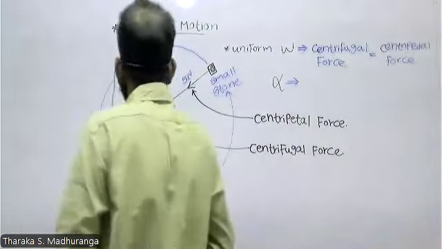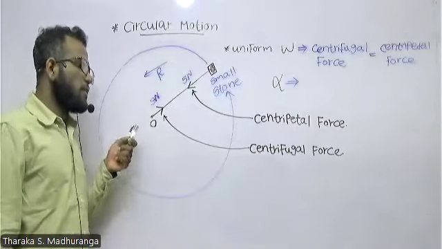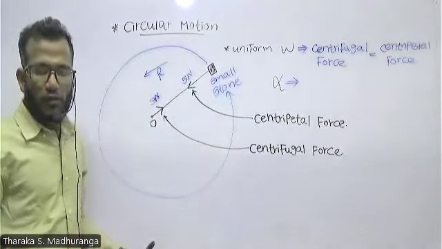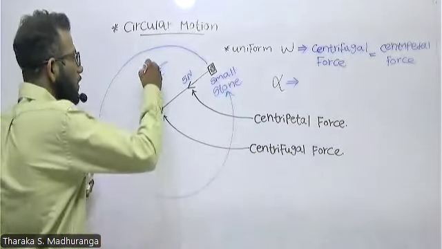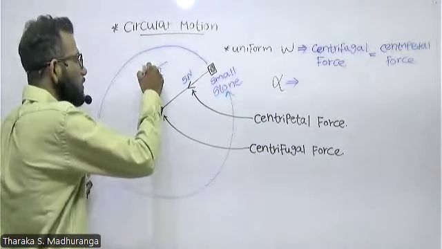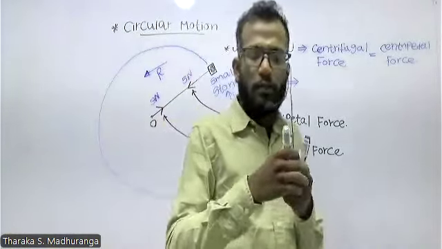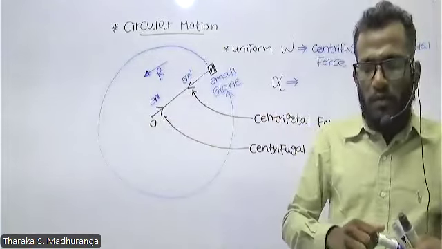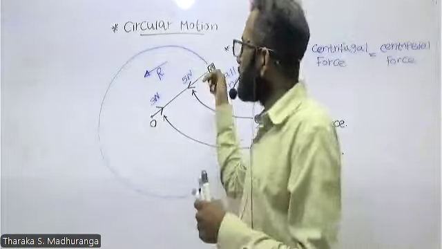Okay, we'll join. Always the centripetal force is higher than the centrifugal force. Therefore, you can see from the centripetal direction, towards the rotational axis, there is a resultant force.